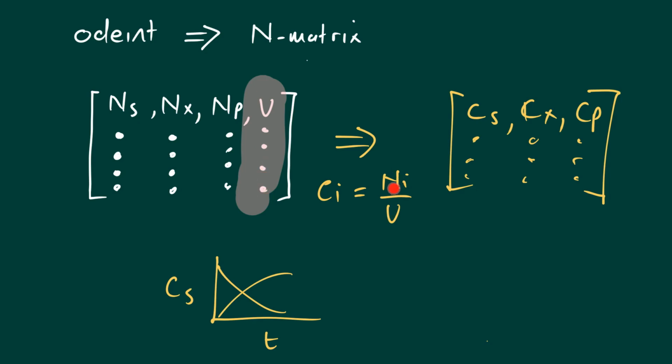You've got a different N value, and this calculation will give you the concentration. So it's basically this divided by volume giving this, and this divided by volume giving this. I've given you the code, so now you can just do the conversion where you convert the N matrix to a concentration matrix, and then you can go back to your old ways of plotting concentration versus time.